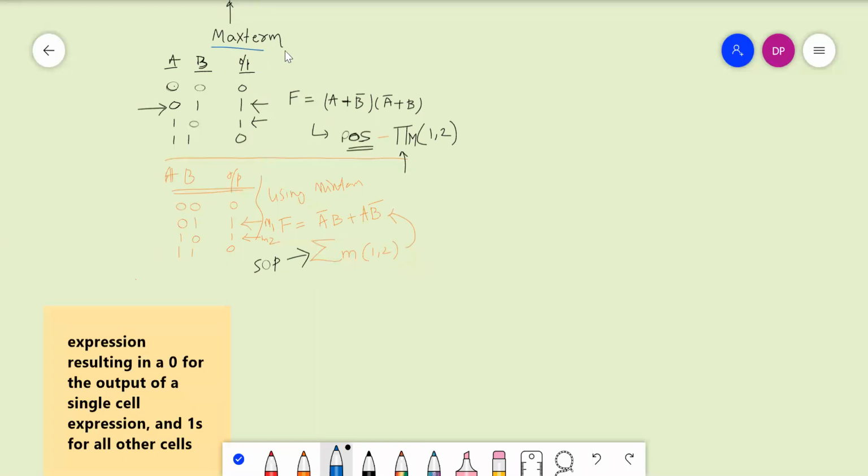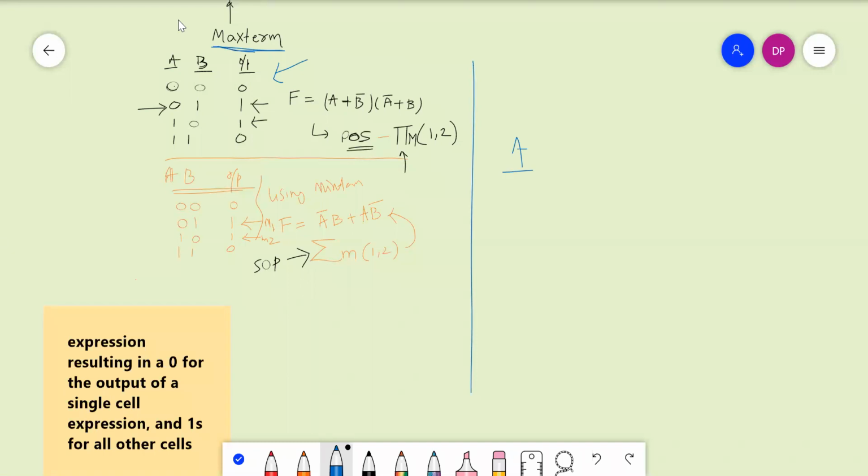So here two inputs were taken, A and B, right? So the output function F. So I have made an error here. Okay, so let me do it here.